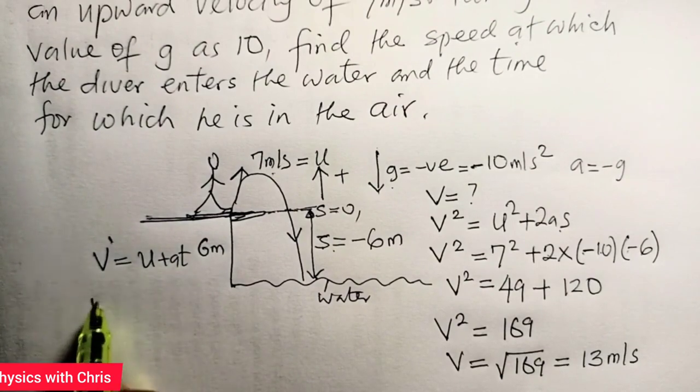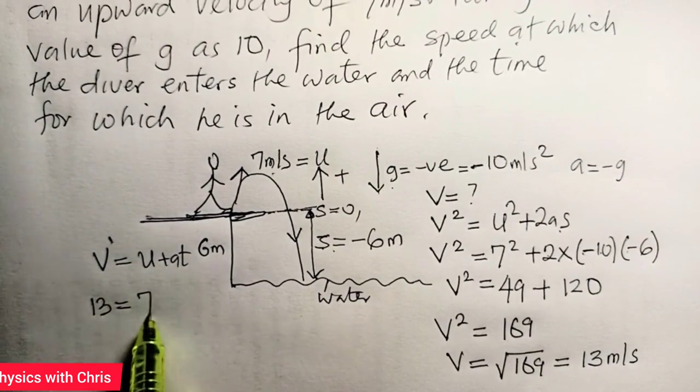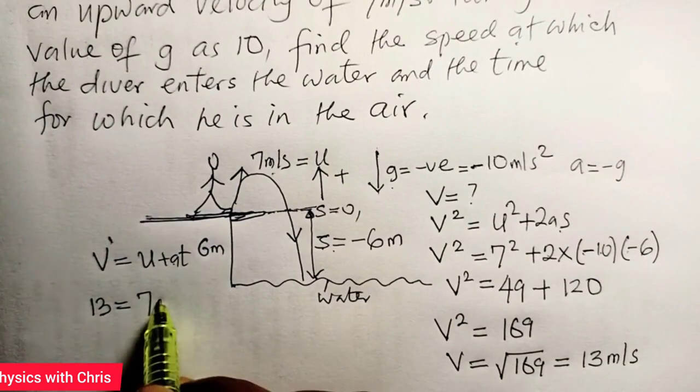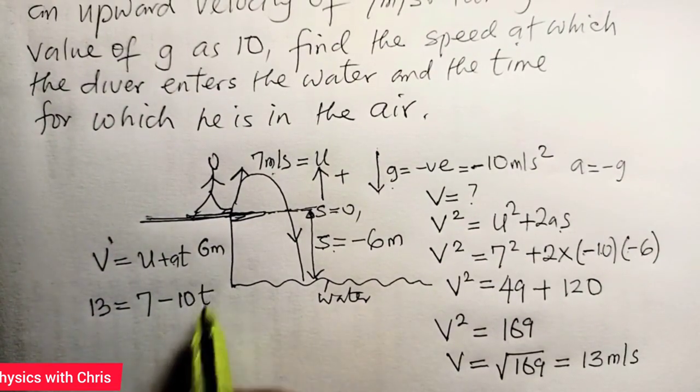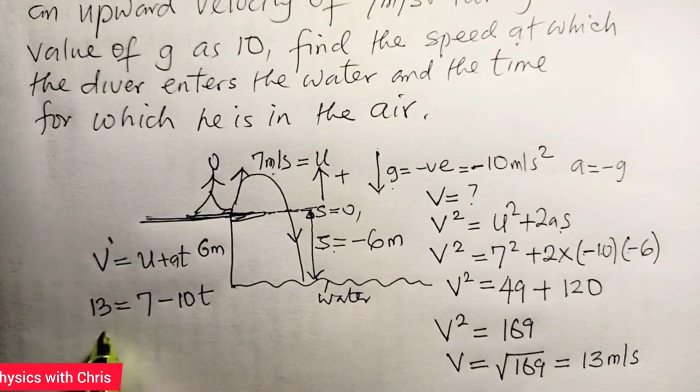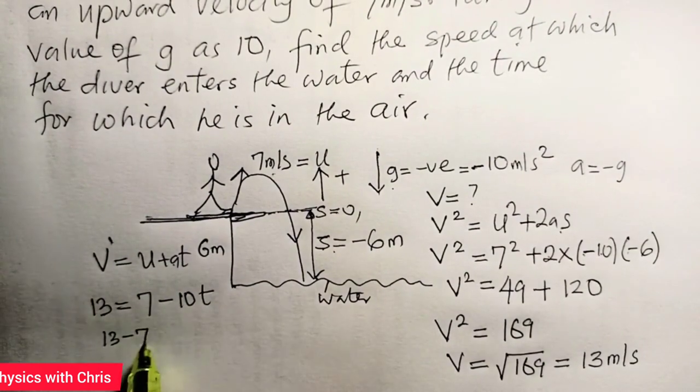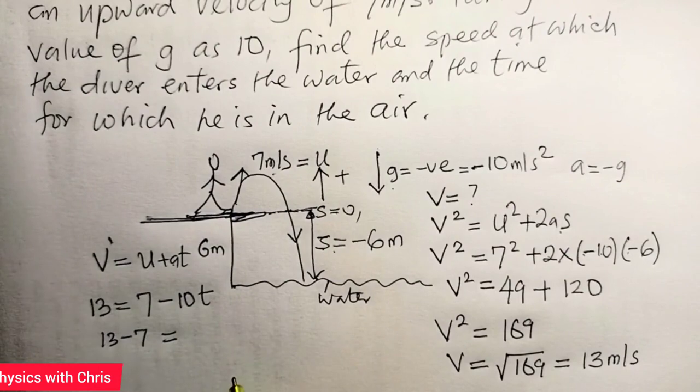Now v is 13, u remains 7, my a is minus 10 times t. That gives me 13 minus 7 equals minus 10t. Now since my velocity v is acting in a downward direction, there's something I need to note there. It's supposed to be a negative value.